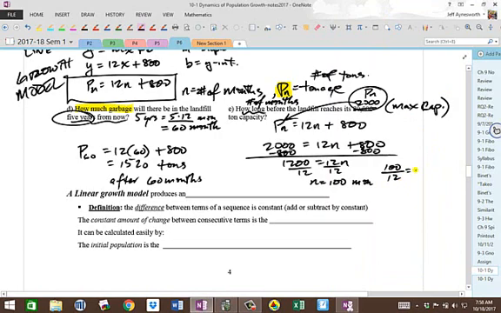So that's 8 4/12, or 8 1/3 years. And a third of a year is 4 months. So this is 8 years, 4 months. So in 8 years, 4 months, it'll reach maximum capacity of 2,000 tons. There we go.